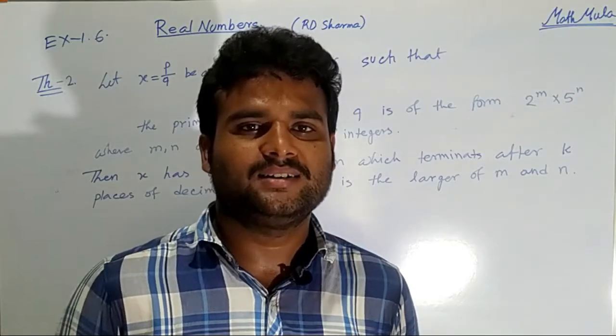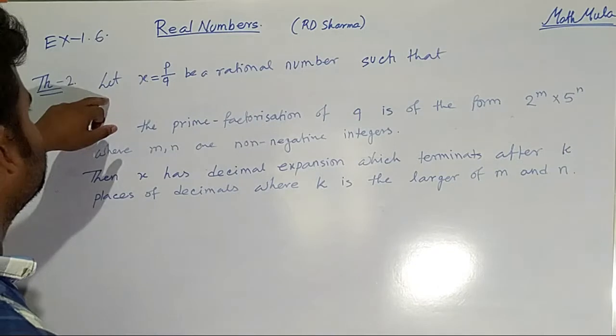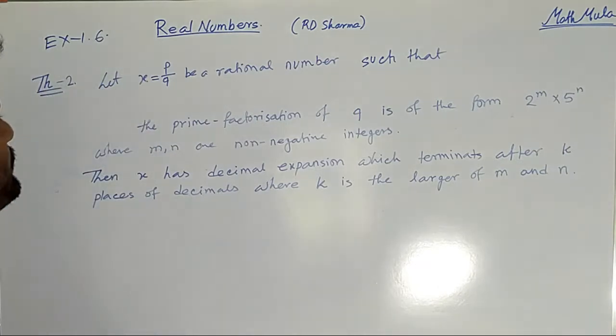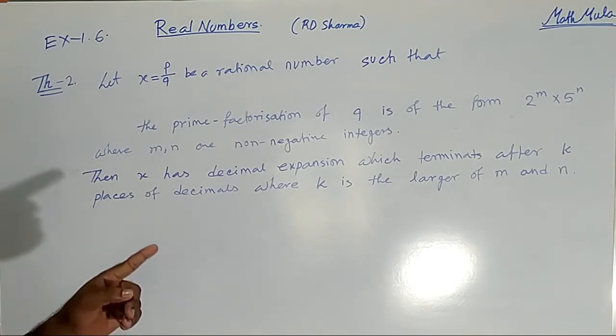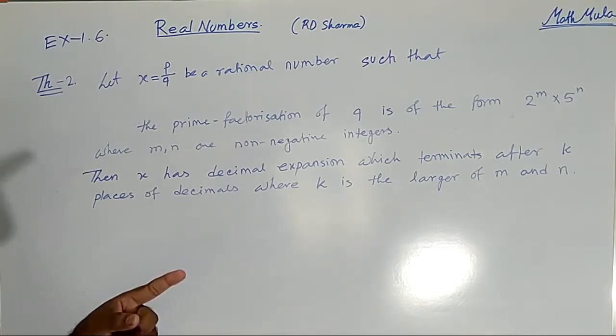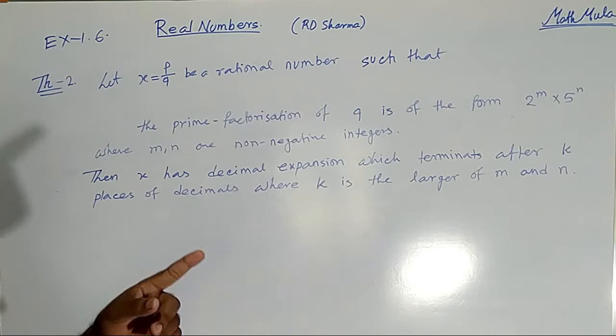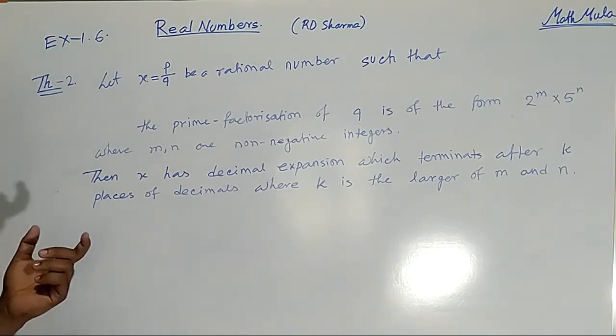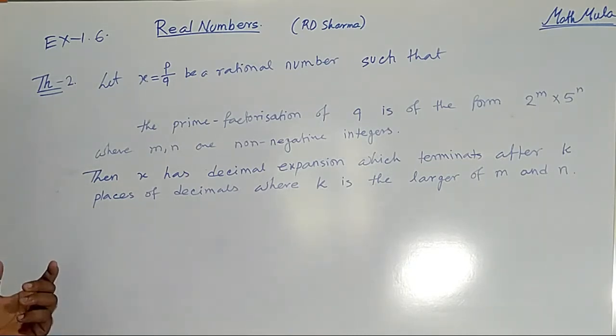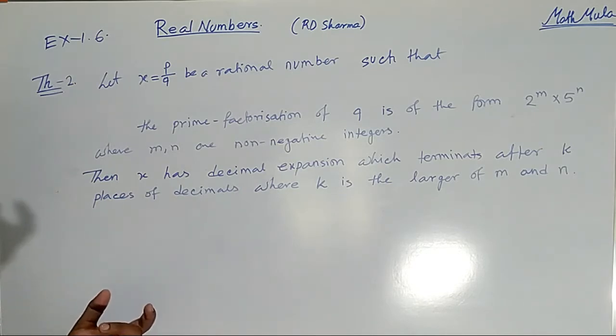Now we learn theorem number 2. Let x equals p by q be a rational number such that the prime factorization of q is of the form 2 to the power m into 5 to the power n, where m and n are non-negative integers. Then x has a decimal expansion which terminates after k places of decimals, where k is the larger of m and n.